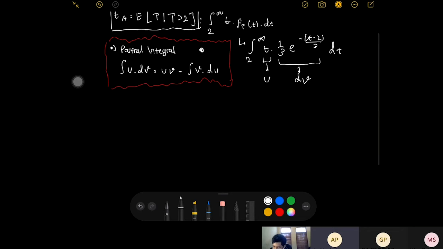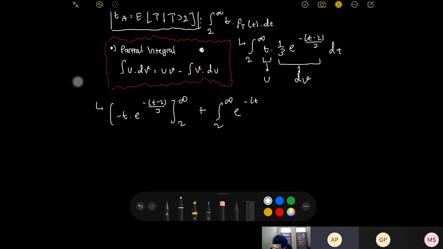By applying the partial integration formula, we can obtain the first term from 2 to infinity, times the integral of minus 2 over 3 times 1 dt.